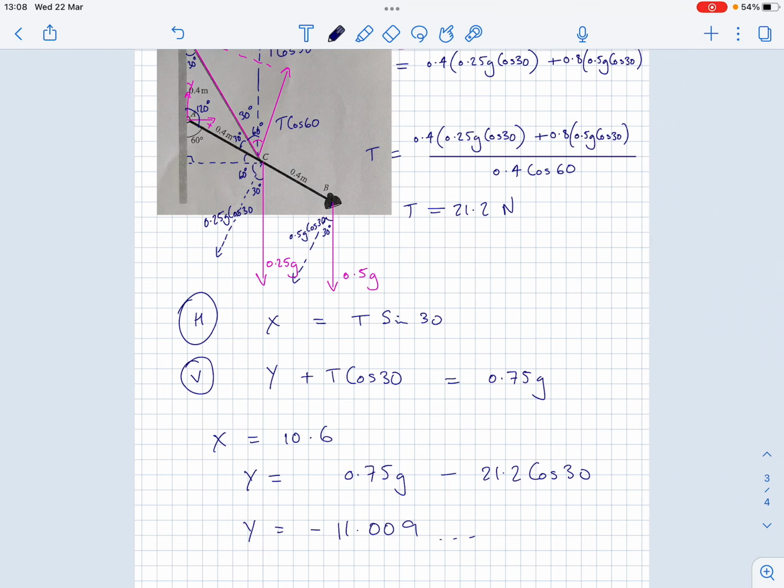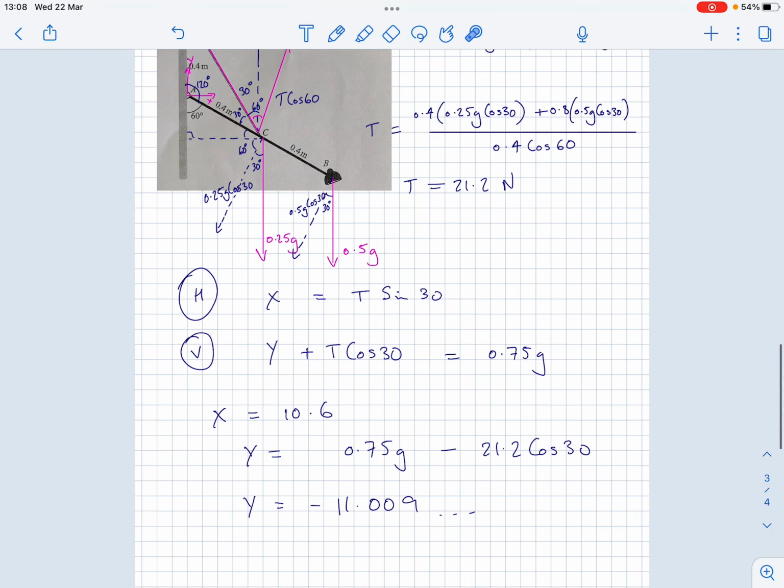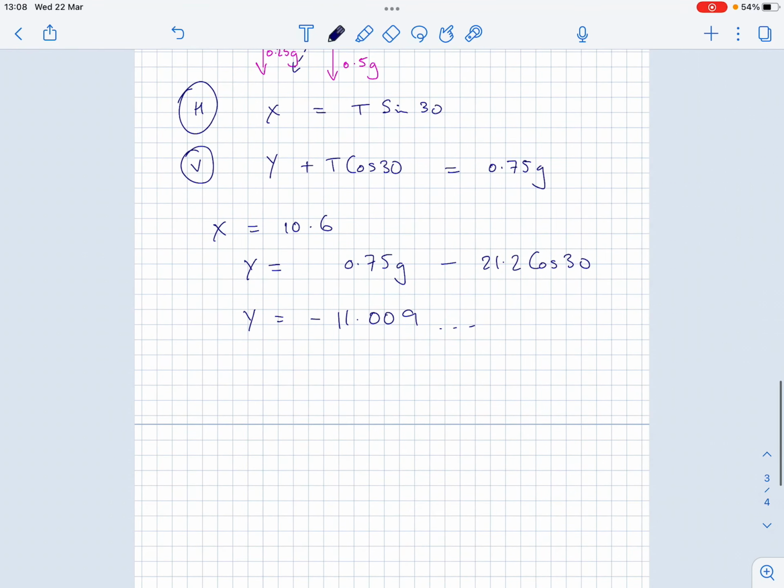That means that my force diagram, me guessing that the hinge had a vertical component going upwards, was wrong. It's actually down. It doesn't make a difference for the magnitude, because we're still going to square these and find that resultant, but it will make a difference to the direction, because the direction is going to be below the horizontal, not above it.